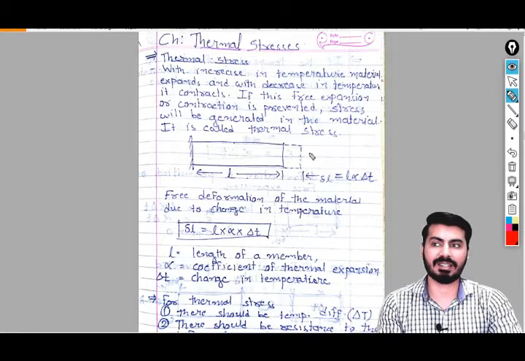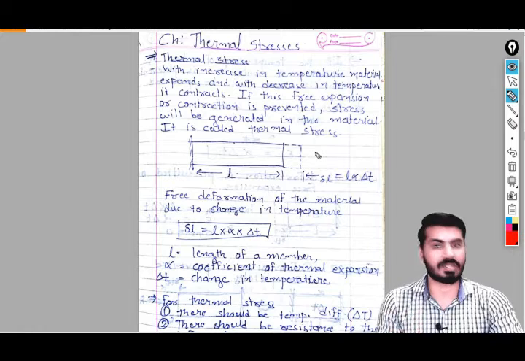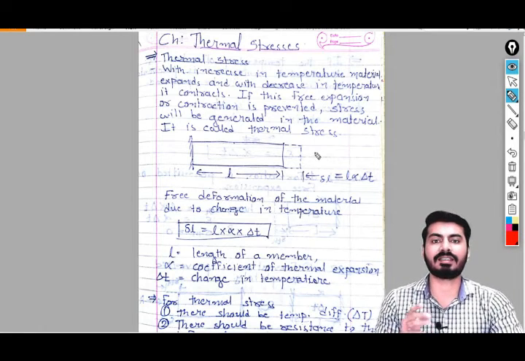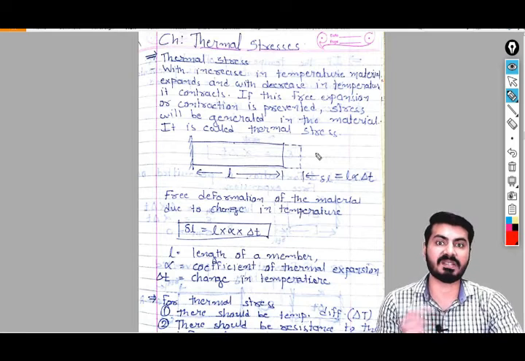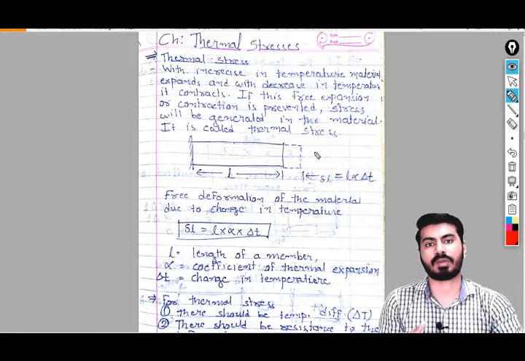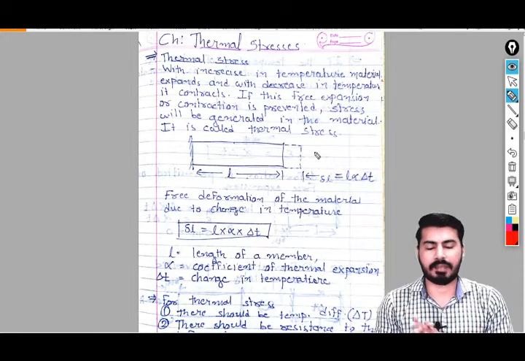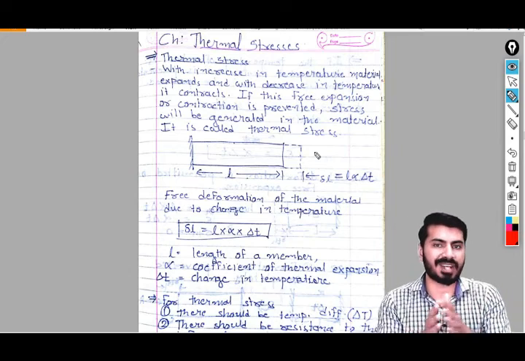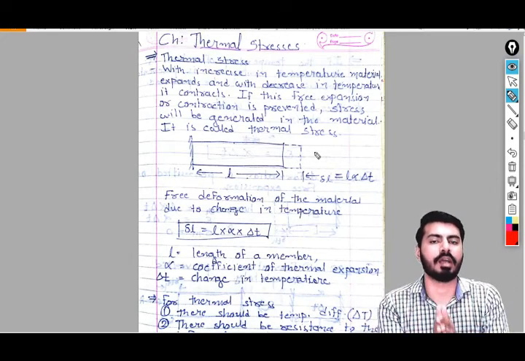Basically, thermal stress is generated under some basic conditions. The first condition is that the body must suffer a change in temperature. If there is a change in temperature, the body will try to expand or contract. If the temperature is increasing, the body will try to expand, and if the temperature is reducing, the body will try to contract.